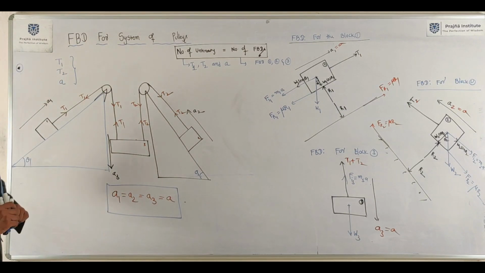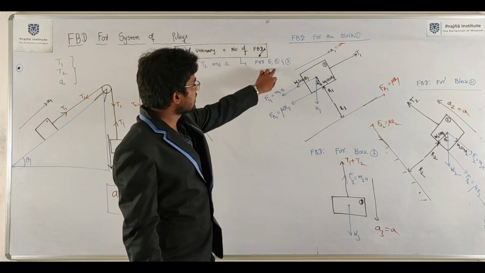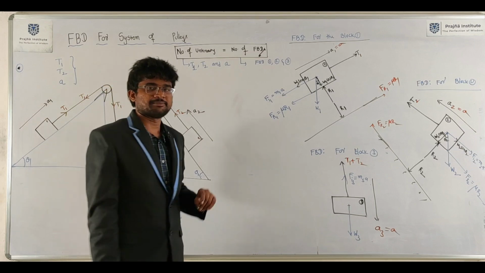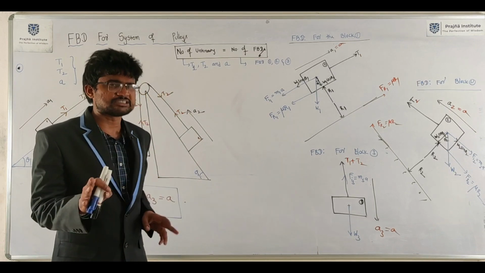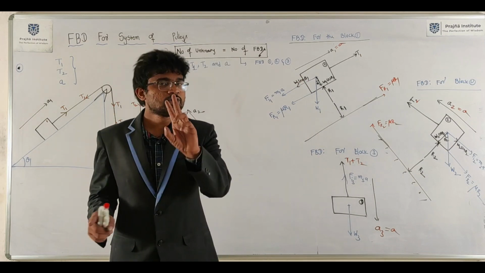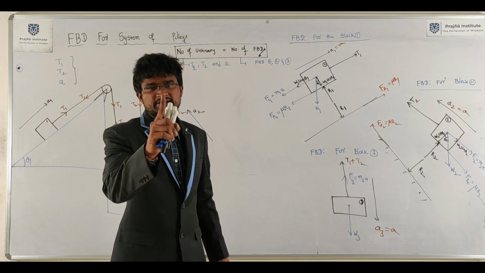Nothing changed here. So the number of unknowns equals the number of free body diagrams times the available equations. In every free body diagram, you have two equilibrium equations. Once you combine those two, you will get one unique equation.